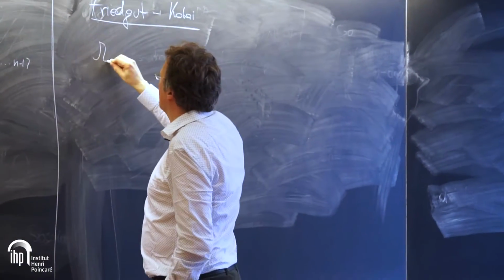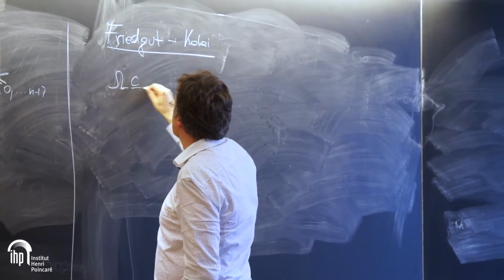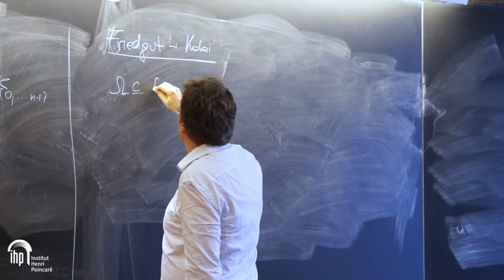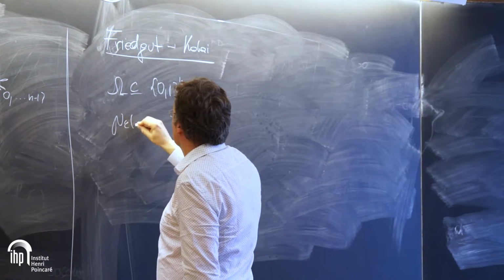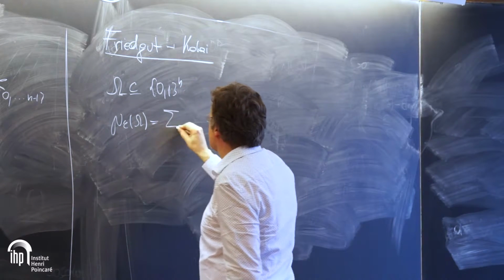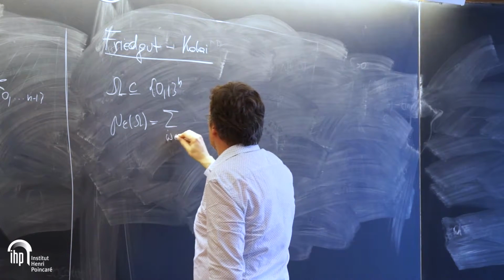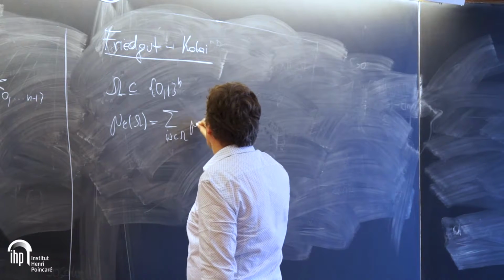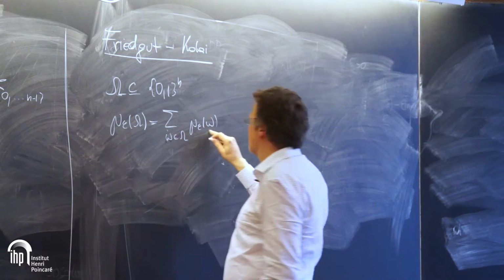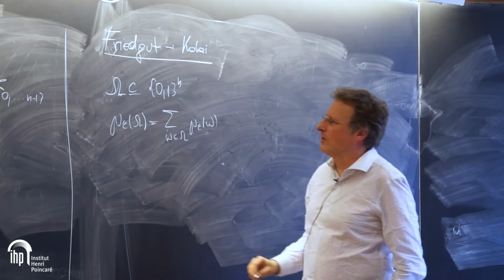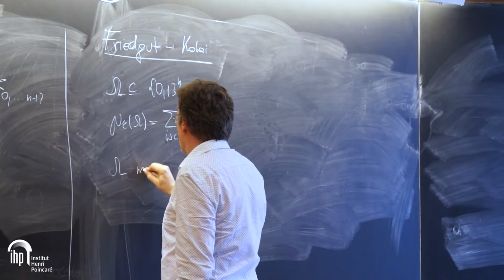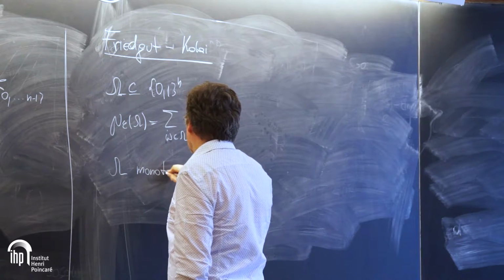Again, we have an omega, which is a subset of 0, 1 to the n. Again, we define this measure like this to be just the sum of these measures here of the parts, and each of them is again this Bernoulli product measure, right? And so now this says the following: if this is monotone, we saw already why this is good, right?